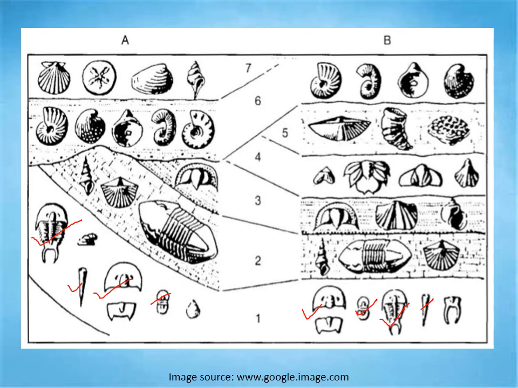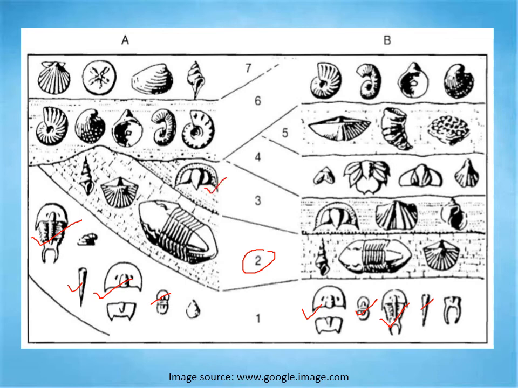Now, apart from these four, there are other kinds of fossils found in both these rock columns, and that might indicate slight depositional environmental variation. In the second layer, on both sides, the fossils are exactly the same. In the third layer, you can see on the left hand side there is a single fossil. In the right hand side, there are three fossils.